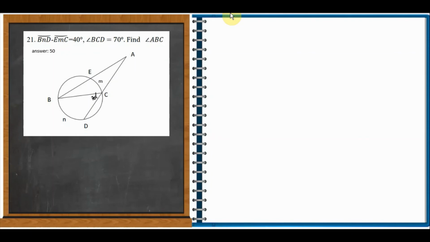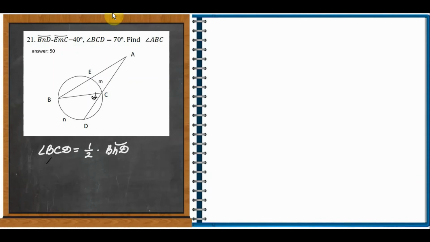Now, what we need to know here is that the measure of an inscribed angle is half the measure of the intercepted arc. What it means? It means that the angle BCD is 1/2 of the degree measure of arc BND.